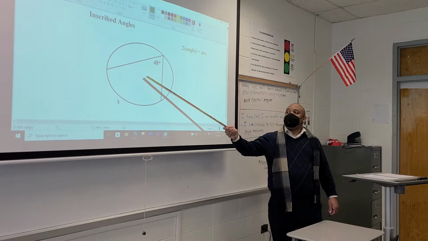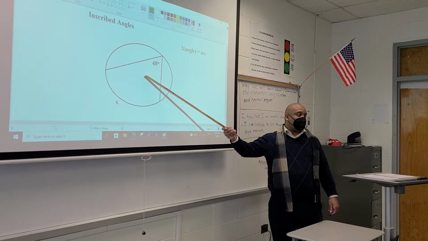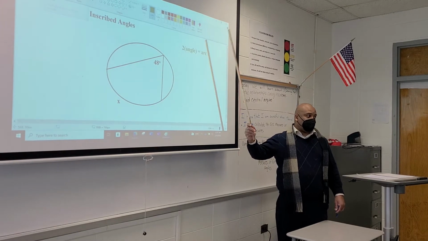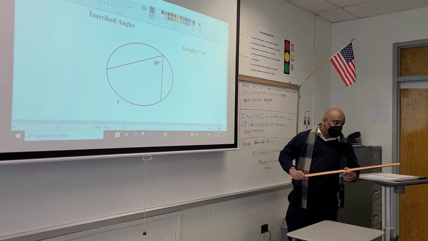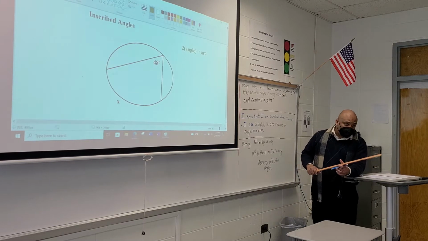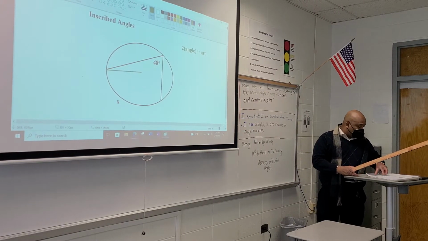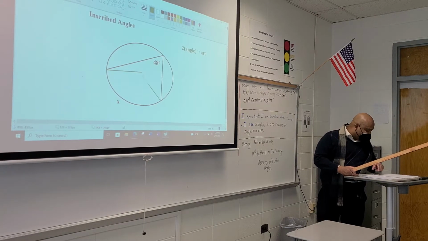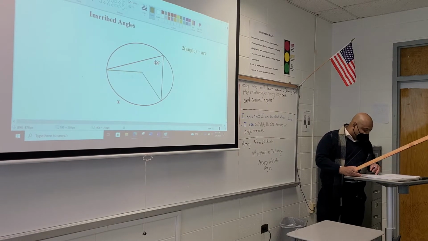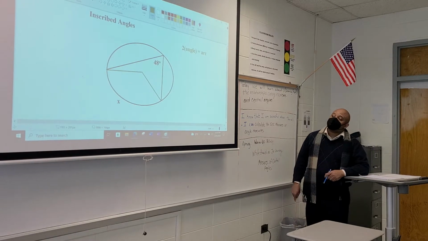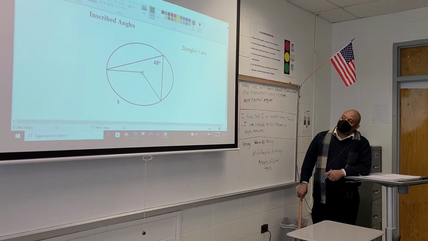What was the other angle that we talked about yesterday, at the point of the center? Those were called what type of angles? If we look at the green angle, and this point is the center, what type of angles did we work on yesterday?